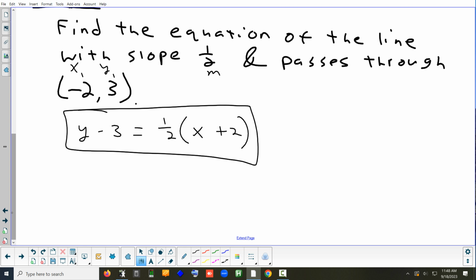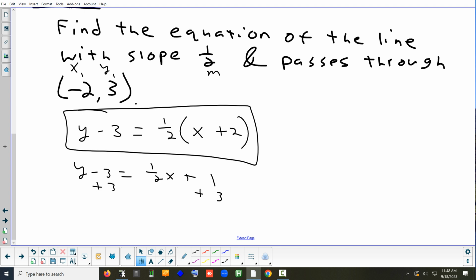Now, if they said, okay, go one more step and make it y equals mx plus b, what's the first thing you do on the right side? Yep, you distribute out that 1/2. And what's the last thing you do? Plus 3.